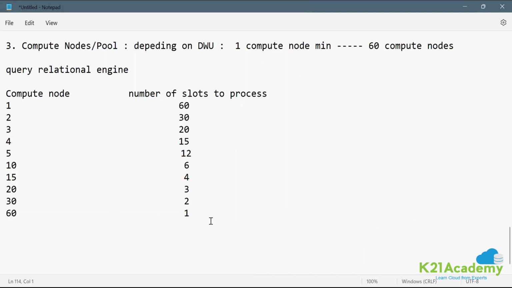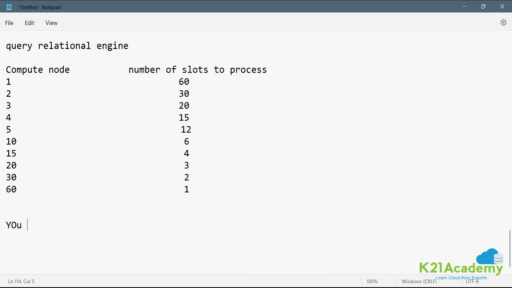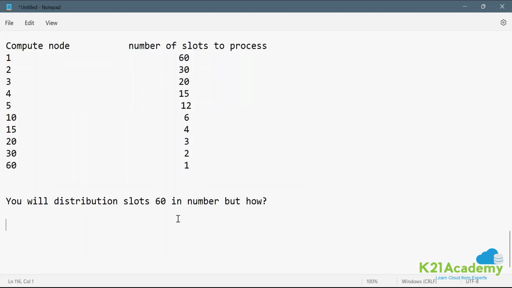So we ask a question: you fill the distribution slots, which are 60 in number, but how do you fill them? That depends on a property of a table. Every table has a property which is called the distribution property.